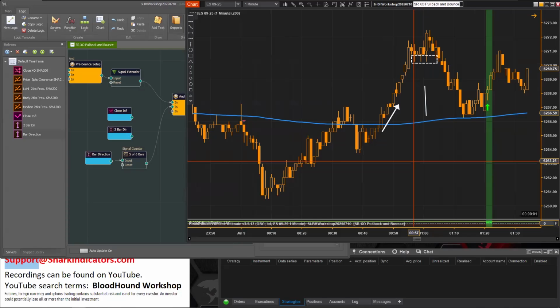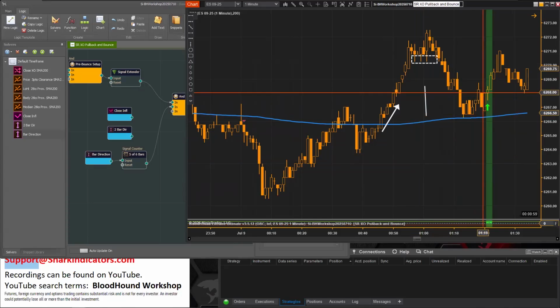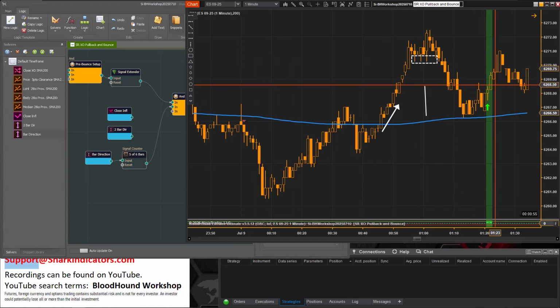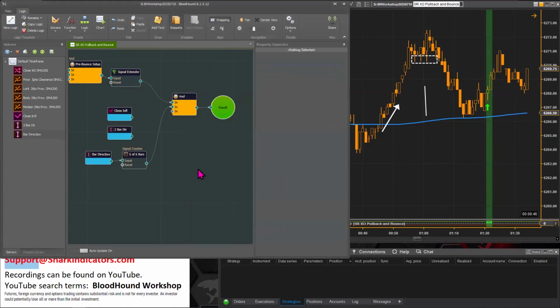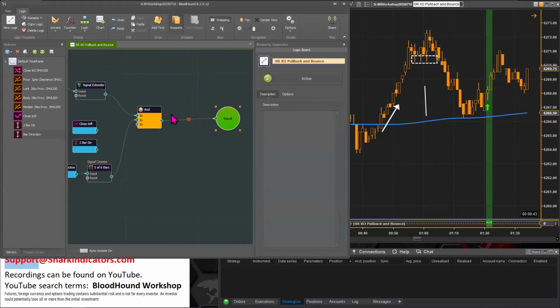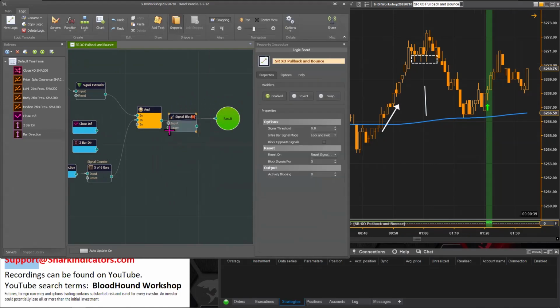And one last step. Let's say we don't want 2 signals. Let's say we only want 1 signal, the first signal, and we don't want a signal on that 2nd bar there. So let's clean that up. We clean that up here by using a signal blocker, like so.